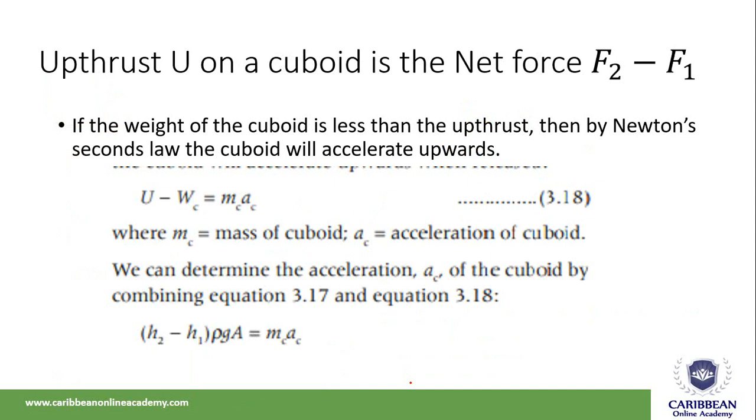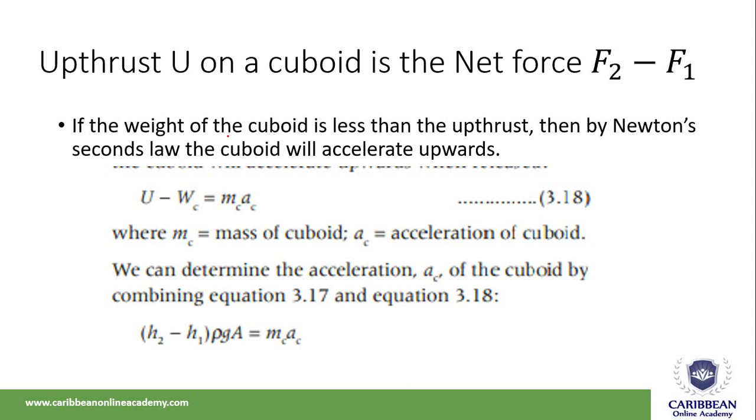Now, an important point to note is that if the weight of the cuboid is less than the upthrust, then according to Newton's second law, we can expect that the cuboid will accelerate upwards. So let's imagine that after working out the upthrust and calculating the weight of the cuboid, I realize that the weight of the cuboid is less than the upthrust.